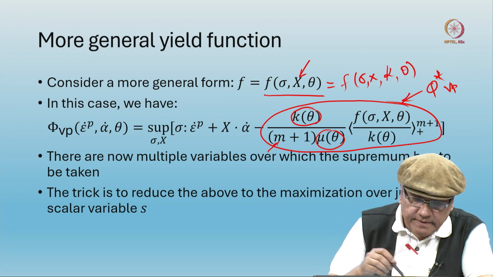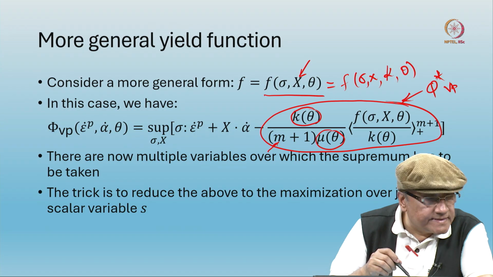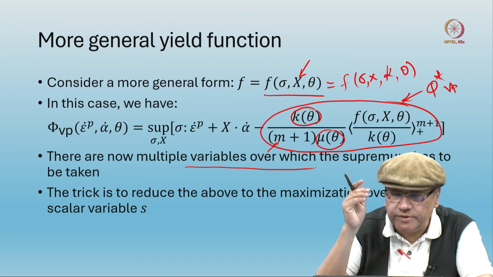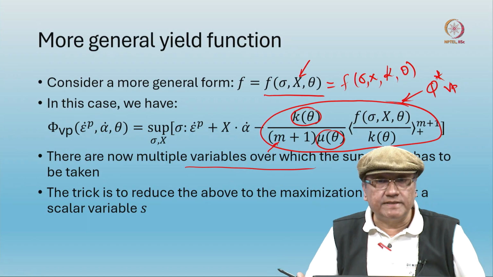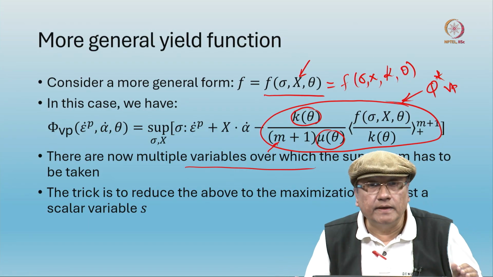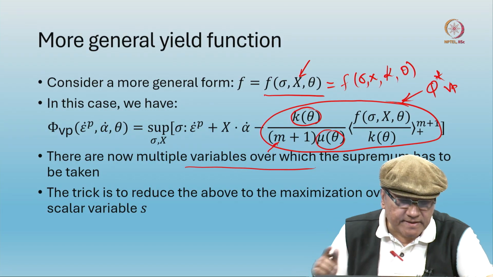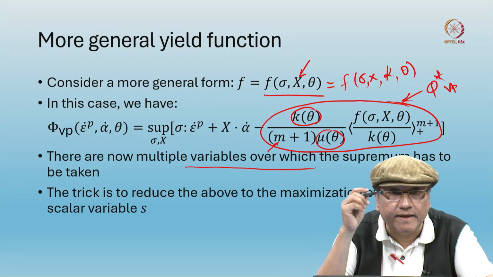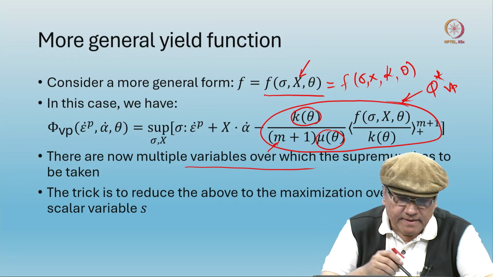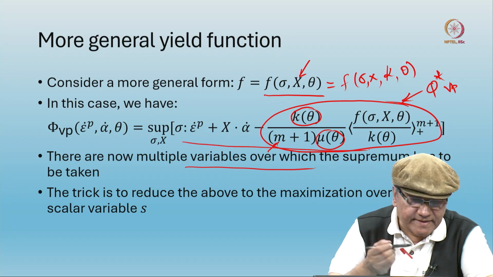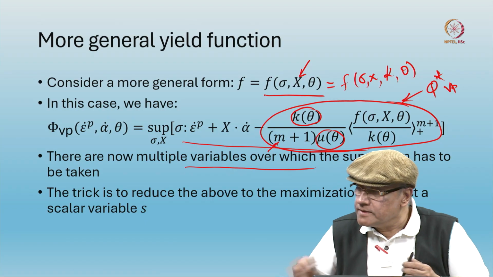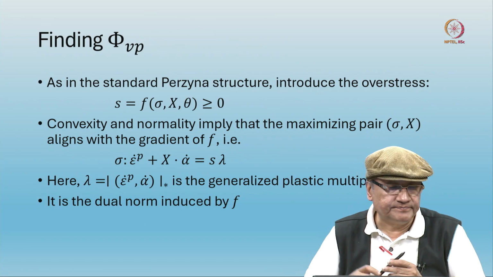So in other words, there are now multiple variables over which the supremum has to be taken. Now, the trick is to reduce the above maximization to a simpler problem, such that instead of doing all this, we can minimize this argument with respect to just a scalar variable, call it s or something. Let us see how we can do this.